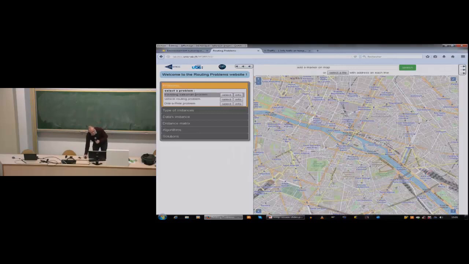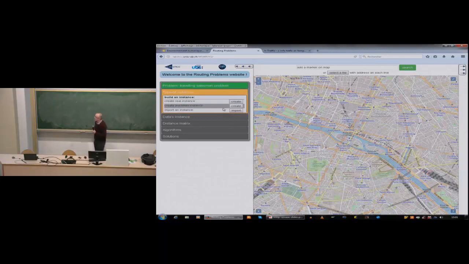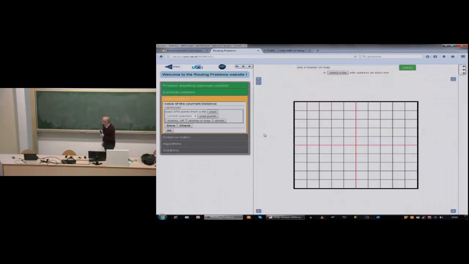For example, we have here a list of problems for which we have already implemented solvers. I'm going to start with the simplest, the traveling salesman problem. I'm going to show first what works and then show you what does not work. For example, I can create a Euclidean instance. This is very simple.